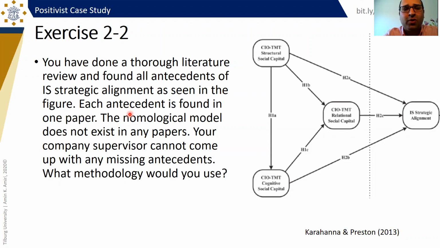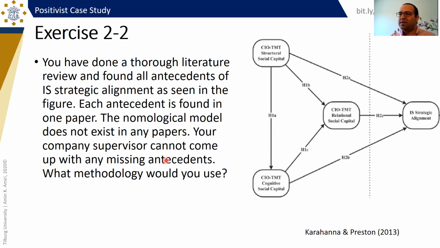Yeah, some would go for the explanatory case study. As you mentioned, as a student you may be able to do that, but the thing is that because your company supervisor cannot come up with any missing antecedents, your chance of finding new constructs would be low.